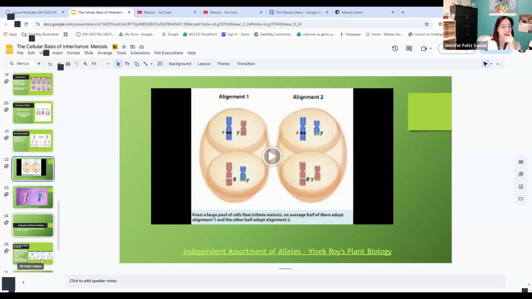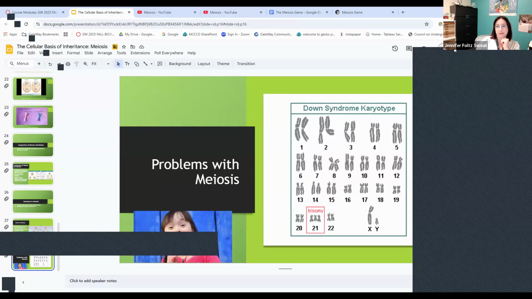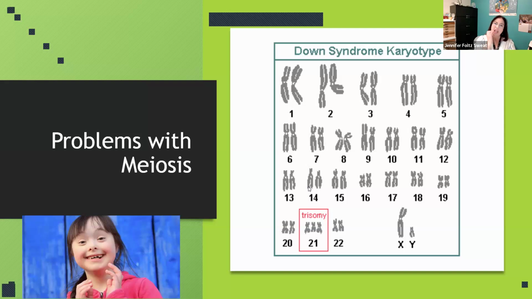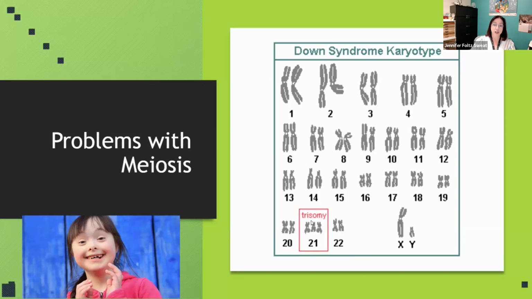So we're going to skip down here to problems with meiosis. Now, Down syndrome is caused by what we call trisomy 21. And so what happens here is the 21st chromosome, right? You should have 2 representations, one from mom, one from dad.